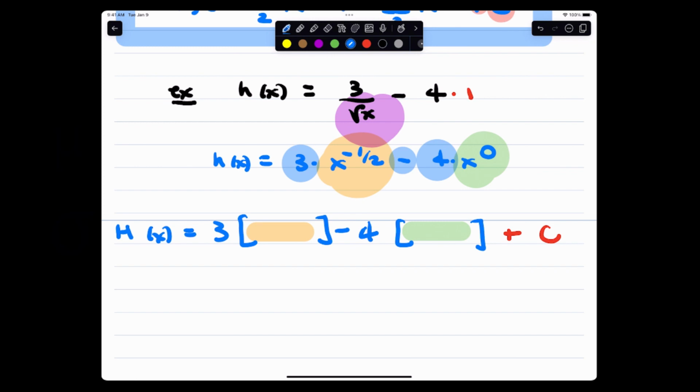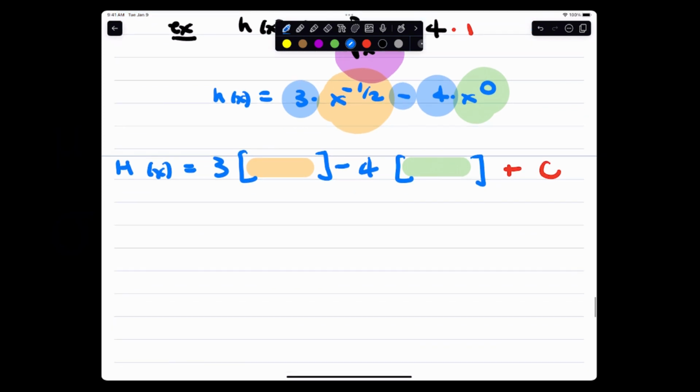So what do you guys know here? What's the antiderivative of x to the minus 1/2? X to the minus 1/2 plus 1 over negative 1/2 plus 1. This is x to the 0 plus 1 over 0 plus 1. Is that true? Double check.